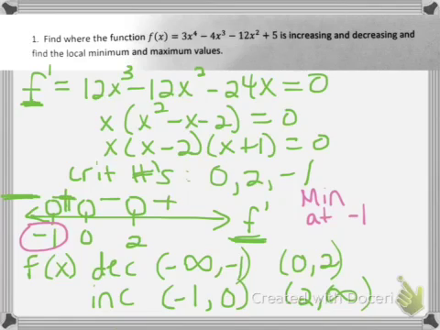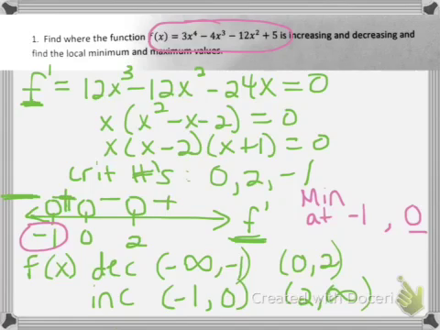Now, how do you actually find the minimum value? You plug negative 1 into the original. So now I would go and I would plug negative 1 into my original function to figure out what the minimum value is. Okay, and you should get 0. So I have a local minimum of 0 at negative 1.